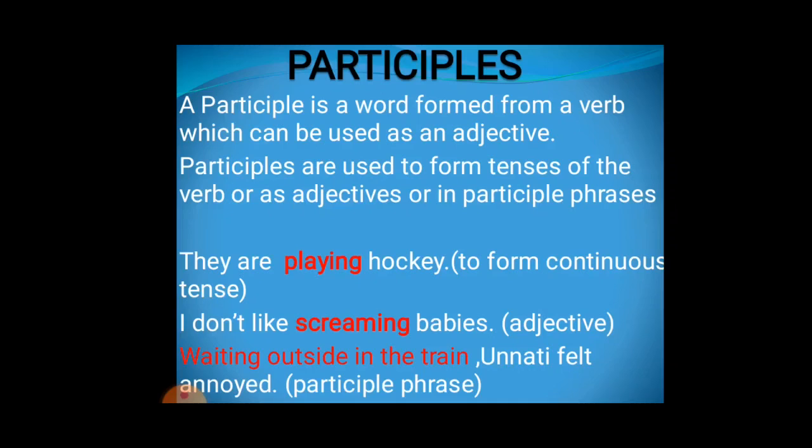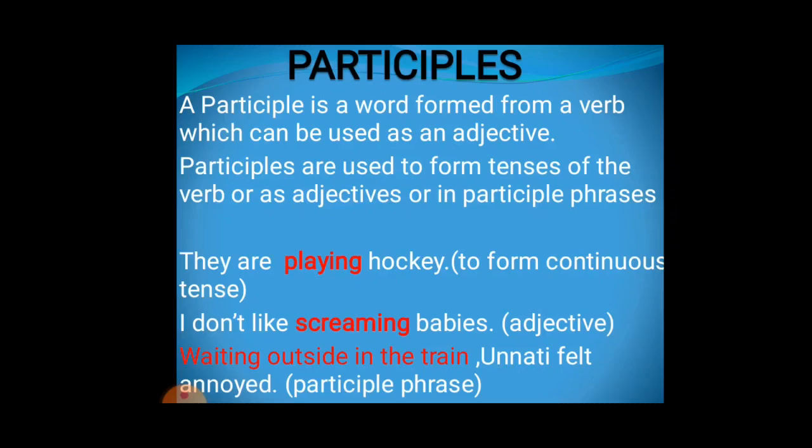See the second example. I don't like screaming babies. So here again we are describing babies. Which kind of babies? Screaming babies. So now here screaming is not a verb but it is an adjective. Waiting outside in the train, Unnati felt annoyed. Now here it is acting as a participle phrase.